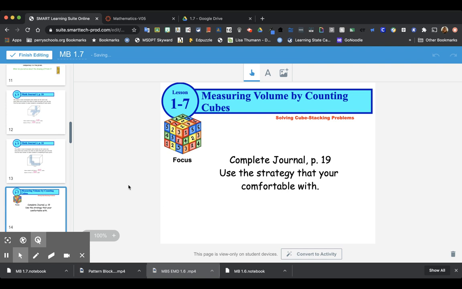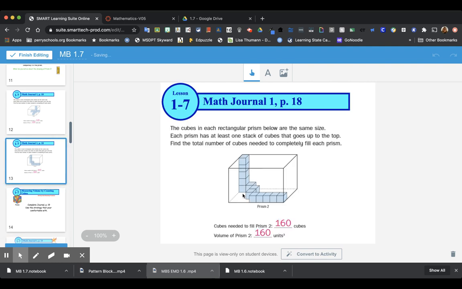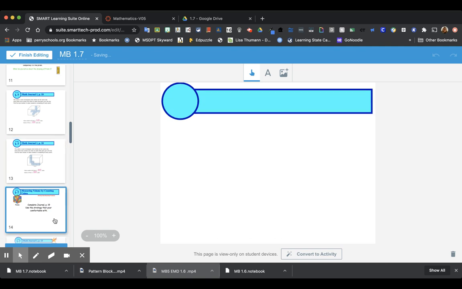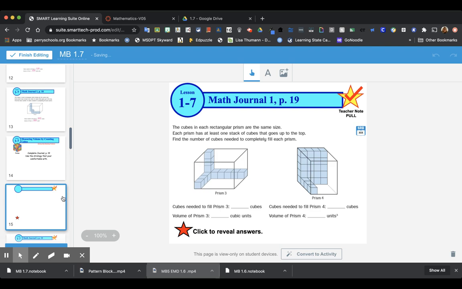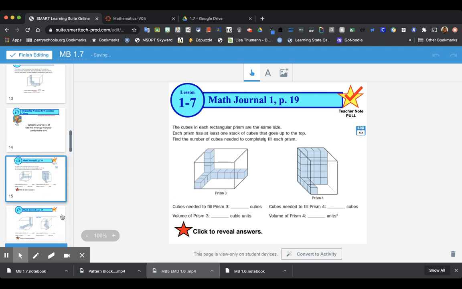Okay, so now turn to journal page 19, and use the strategy you're comfortable with. You can do the length times width times height, or you can do like we did in this one, where you find out what the area of the base is and then create layers, and go ahead and solve these problems here.